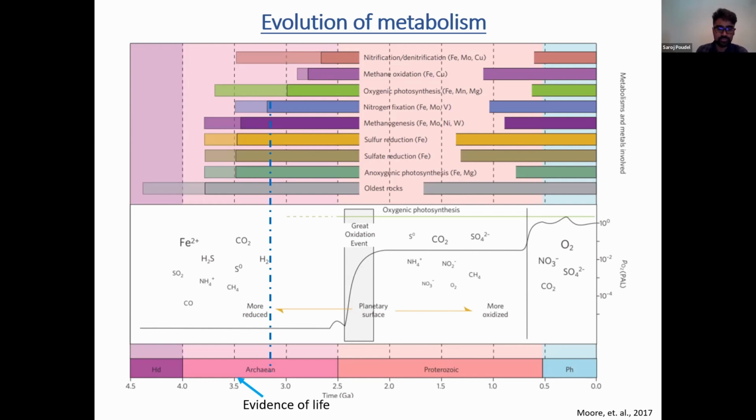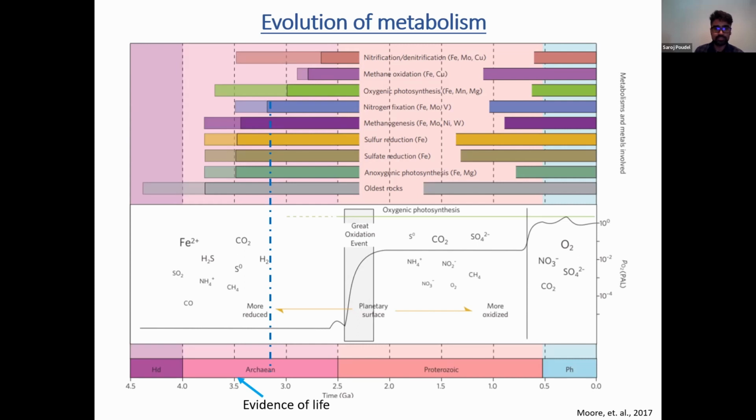So on the x-axis, what you're seeing here is geological time scale. And on the y-axis, at the bottom panel is the partial pressure of oxygen, basically showing how much oxygen was available at a particular time. And on the top panel are different metabolisms that Eli plotted. I'm going to draw your attention to nitrogen fixation, which is shown by the blue dotted line.